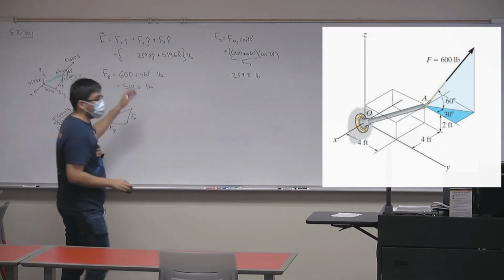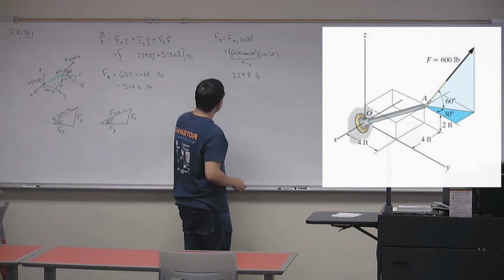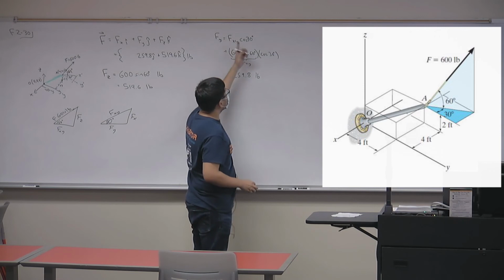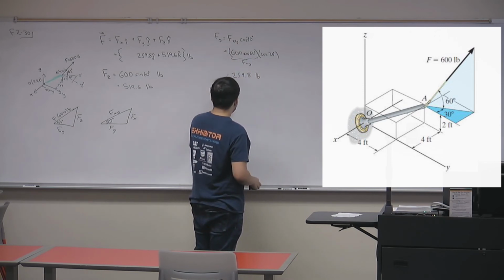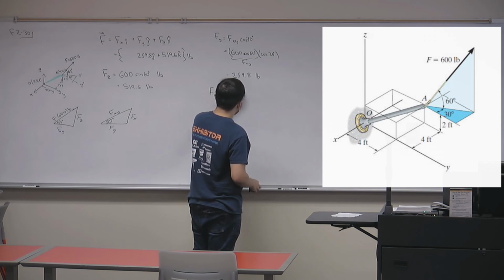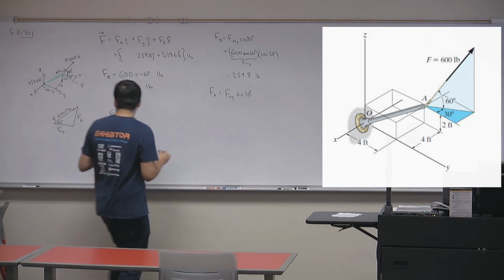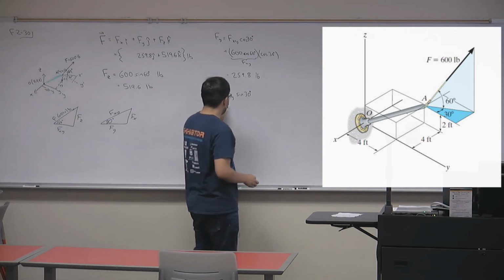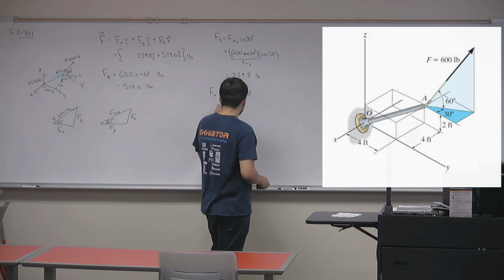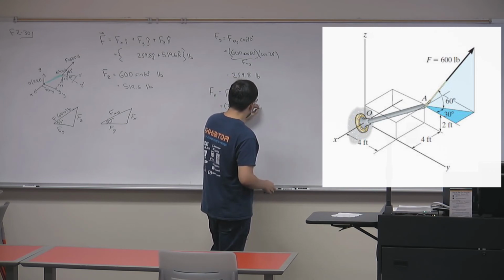Hunter, can we find FX? Yes, instead of doing cosine, we can do sine. Okay, so it's the same expression, but with sine? Is that what you're saying? Okay. So we have FXY sine of 30, and sine of 30 is just 1/2, right? So my FXY was 300, multiplied by 1/2, how much is that?